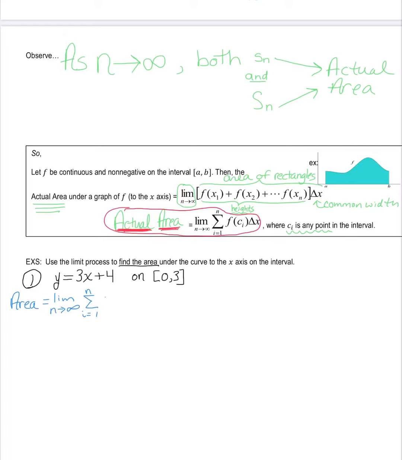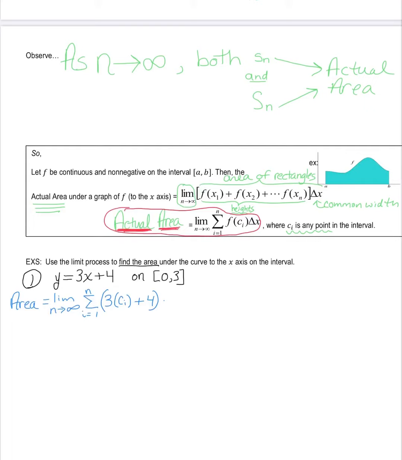So we're going to have 3, and then c sub i is going to go in for x, and we're going to talk about our representation for c sub i in just a minute. Any point in the interval, plus 4, so that's f of c sub i, and then times our delta x.